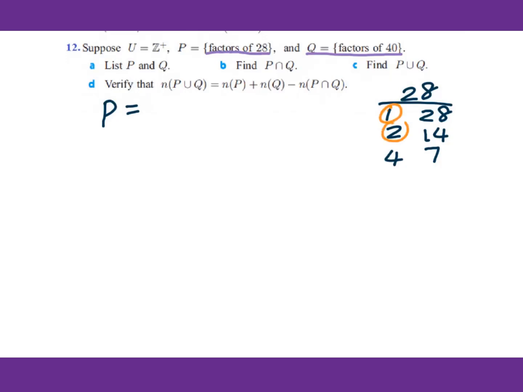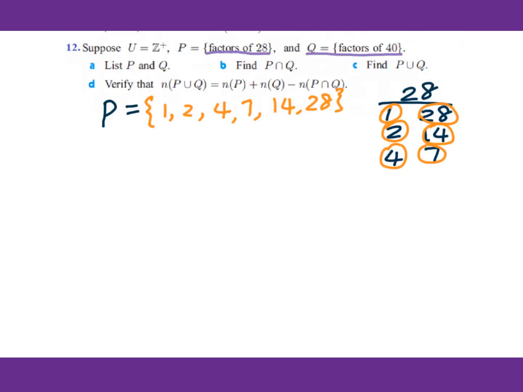These numbers will be the factors of P: 1, 2, 4, 7, 14, 28.